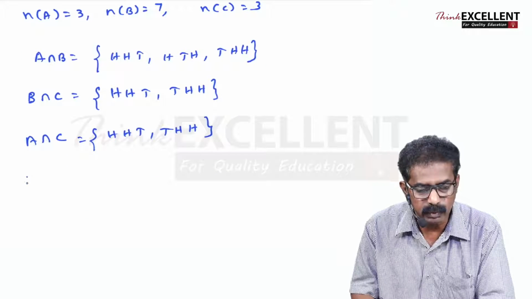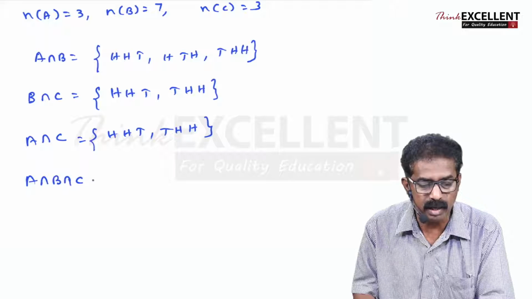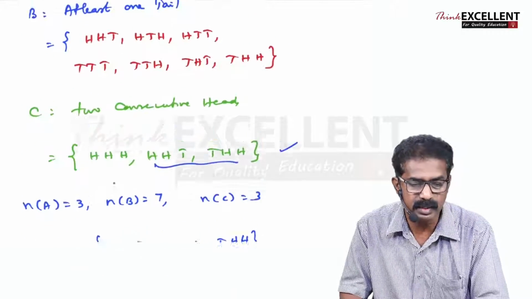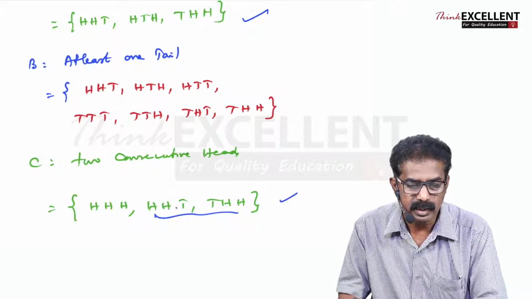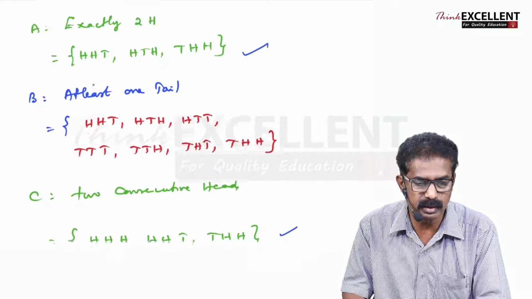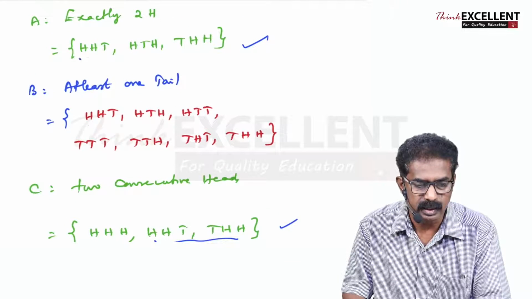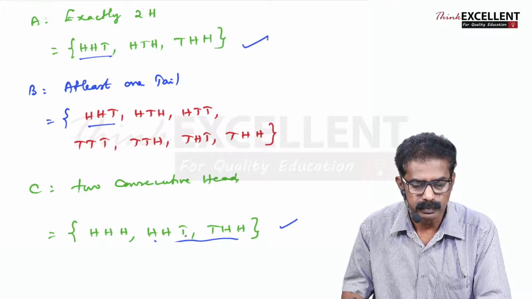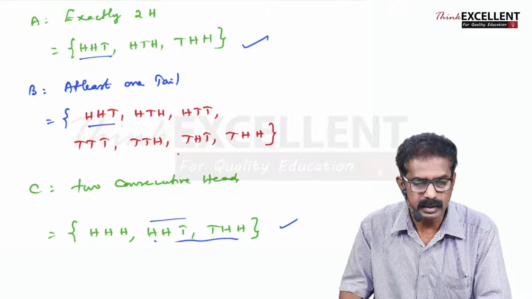Then finally we want A intersection B intersection C. Common for all the three. Can you find anything? HHT is in all the cases, right? Then THH.